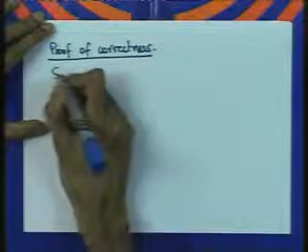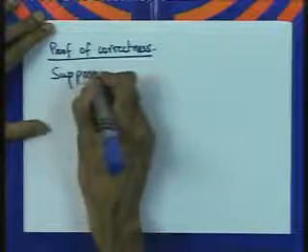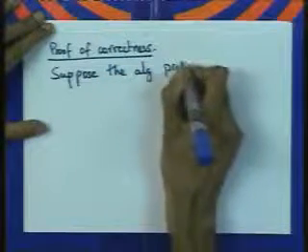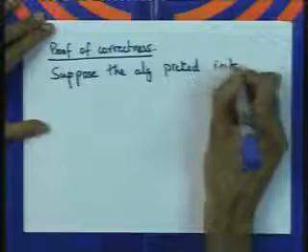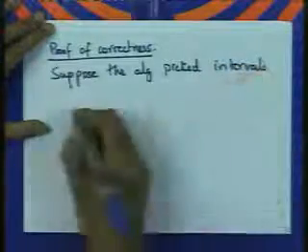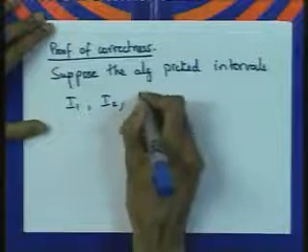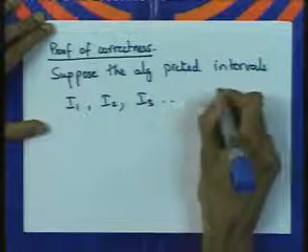Suppose the algorithm picked intervals, let's say I1, I2, I3, and so on up to Ik.